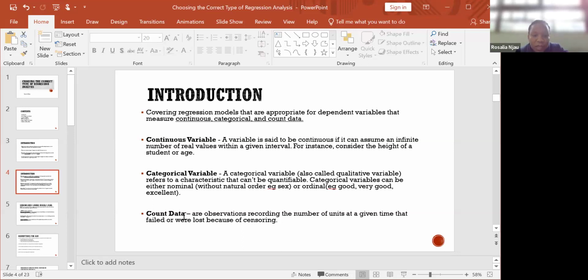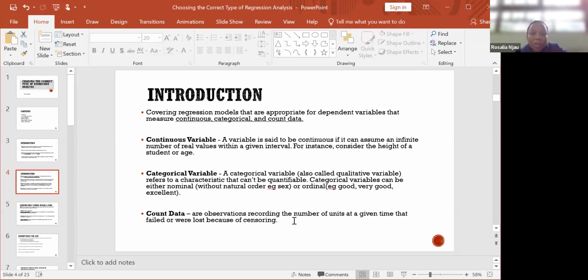And count data are observations recording the number of units at a given time that failed or were lost because of censoring. Failed here in count data means having the outcome of interest, and censored are those that get out of the follow-up, they're no longer in the follow-up, but have not experienced the outcome of interest.